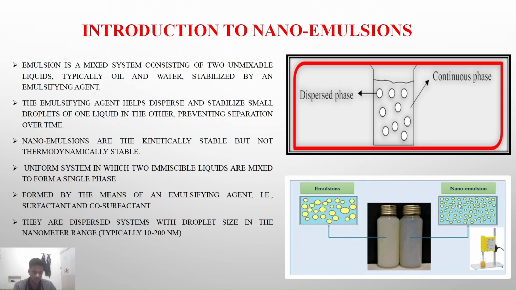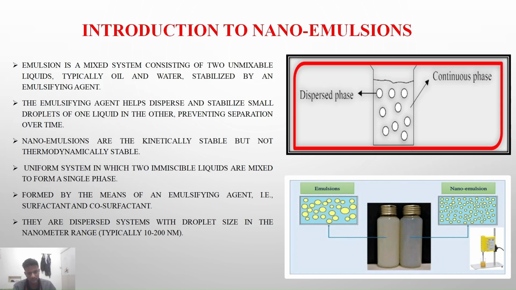But in nanoemulsions, as the particles are uniformly distributed, they are actually transparent or translucent, and they are very small, with particle size ranging from 10 to 200 nanometer, while for emulsions the particle size ranges from 2 micrometer to 100 micrometer.